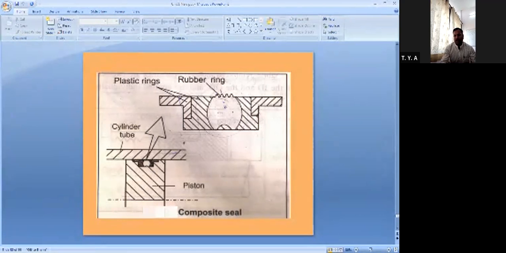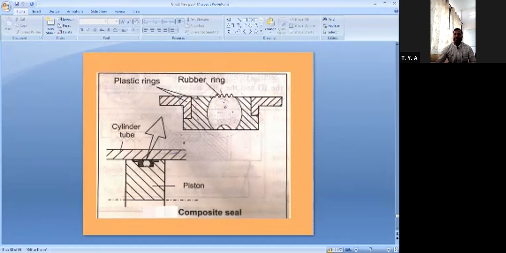And why is it used? Because of a typical minimum friction seal set, which is your composite seal. You can see this is one application. Here we have the cylinder tube, and this is a moving part. So here composite seals are used.